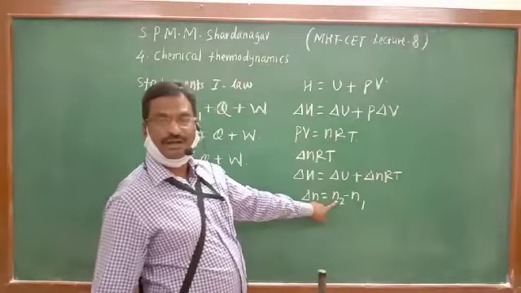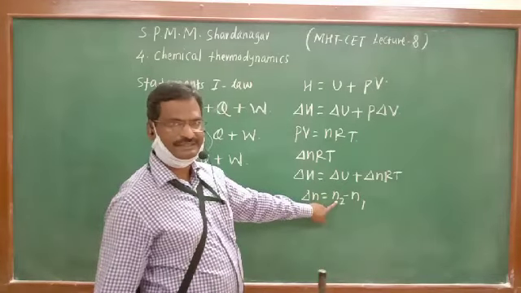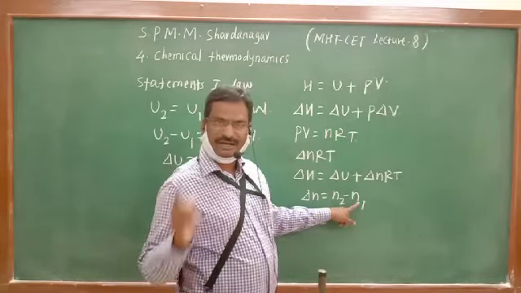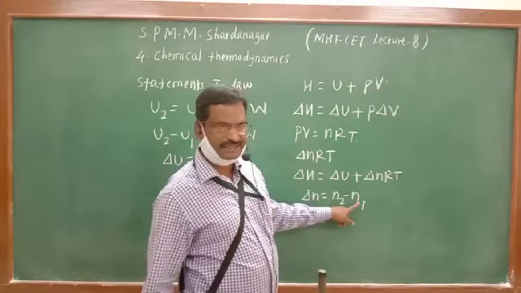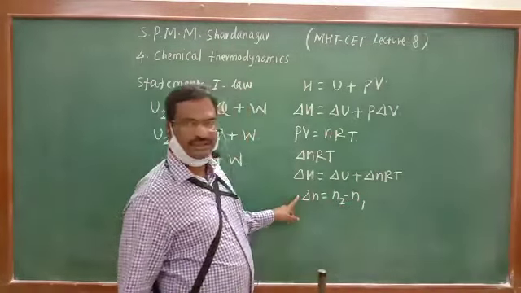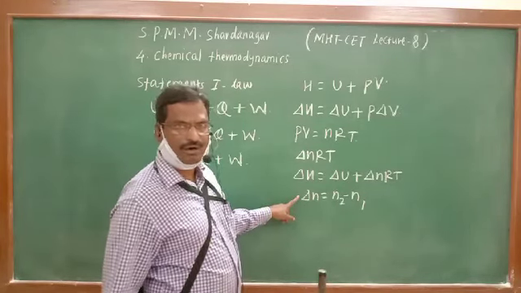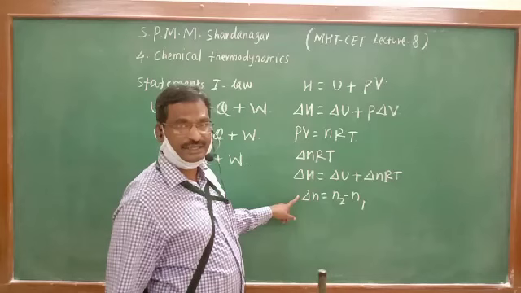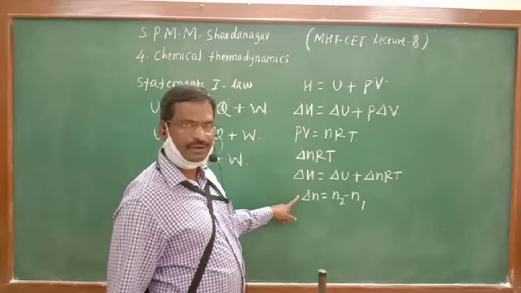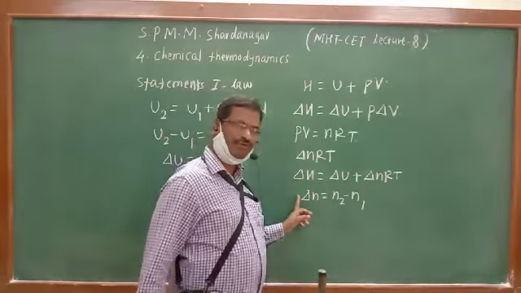where delta n is nothing but n2 minus n1. n2 is the number of moles of product in the gaseous state. n1 is the number of moles of reactant in the gaseous state. n2 minus n1, delta n, is known as the change in number of moles whenever a reaction takes place and reactants are converted to product.